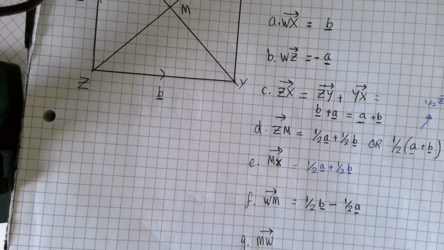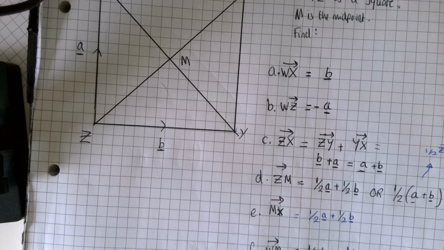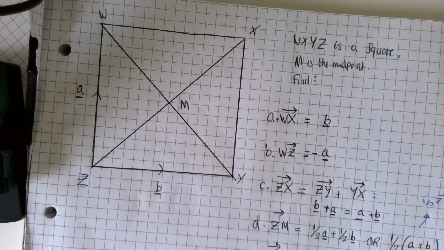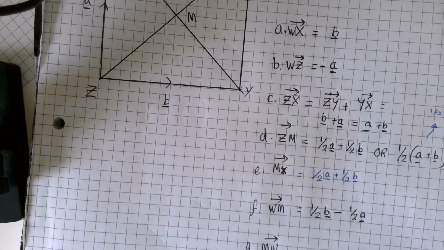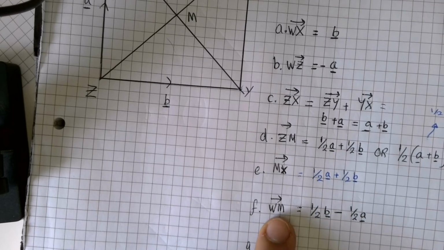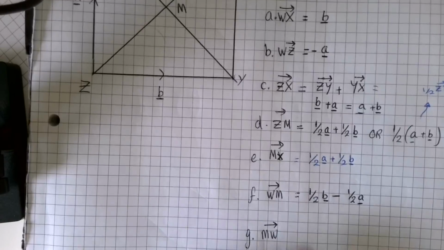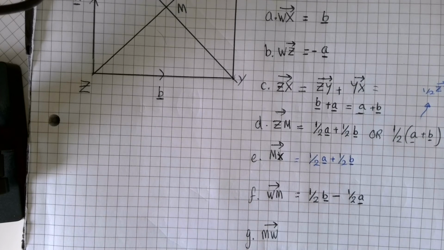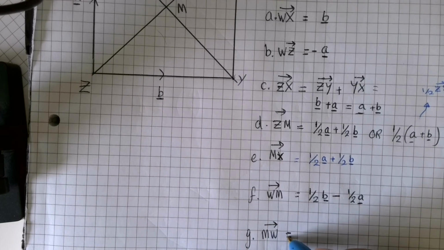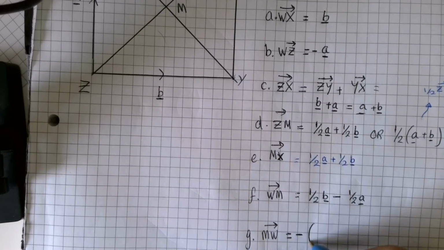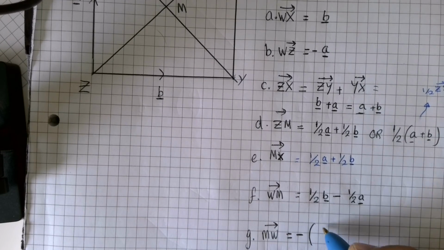And then finally, I've got vector M to W. So I've already seen that W to M would be achieved by doing half of B and taking away half of A. So it is going to be the negative of that vector.